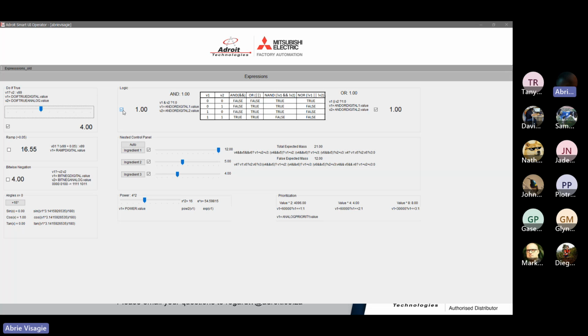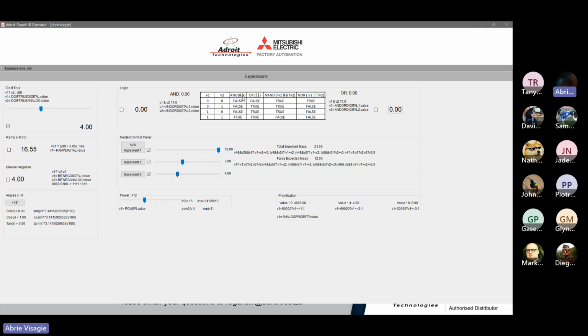Should this not be the case, our value returns to 0. Alternatively, for an OR, you'll see that we are reading from both, and if either of them are being ticked, we will be reading a 1. Alternatively, if neither would be the case, it'll be reading us 0.